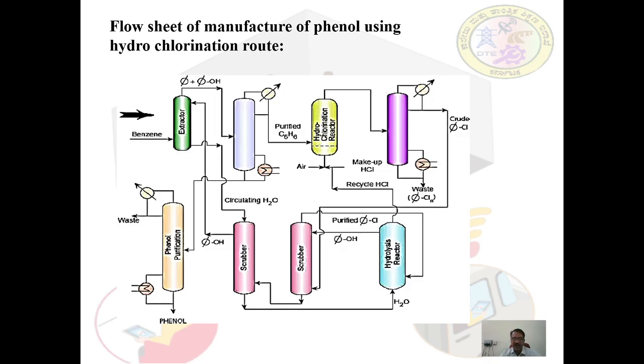Phenol from the hydrolyzer is washed with water, then extracted by benzene and finally purified in two-stage distillation. Hydrochloric acid vapors from this high temperature catalytic hydrolyzer are recycled to the hydrochlorination stage.